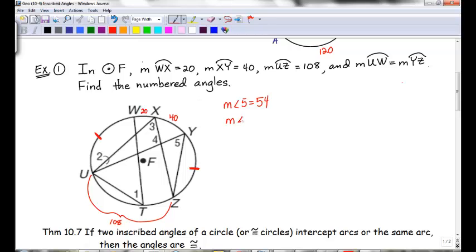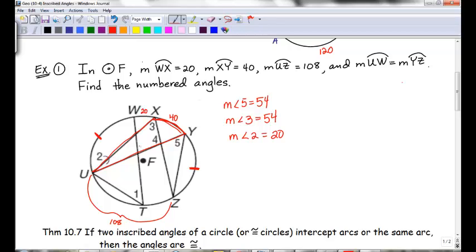So the measure of angle 3 is also 54. Angle 4 goes from X to U. Angle 2 is 20, because angle 2 is right here, and it maps off to this arc 40, so it's half that.